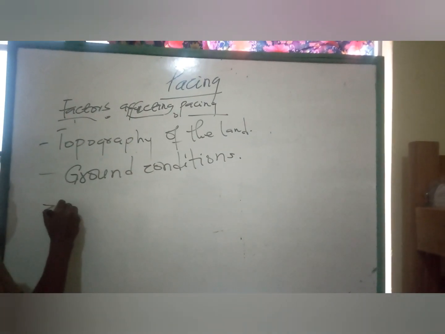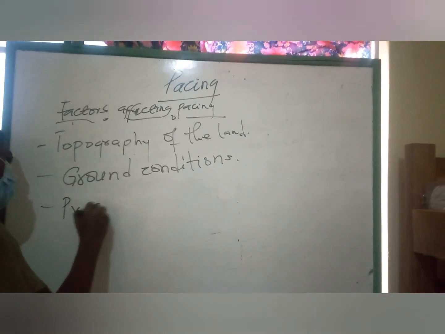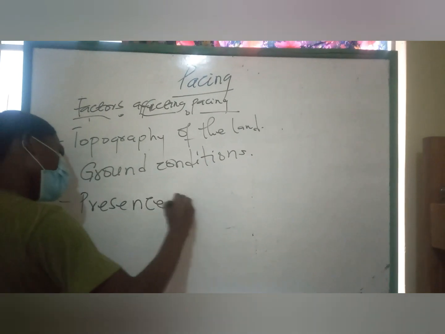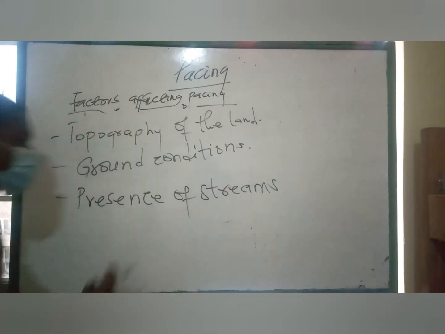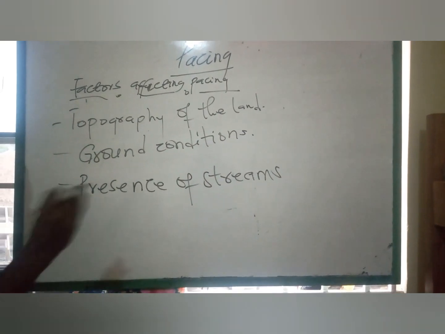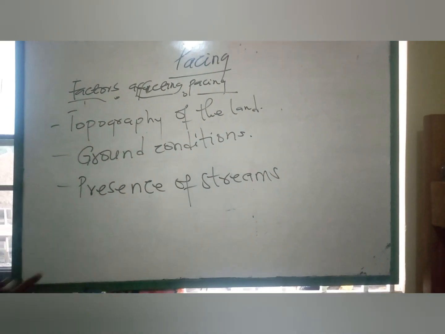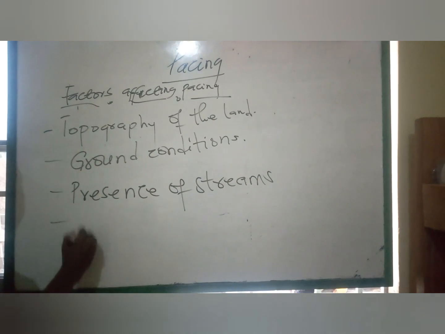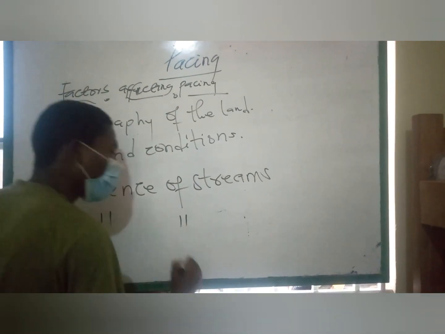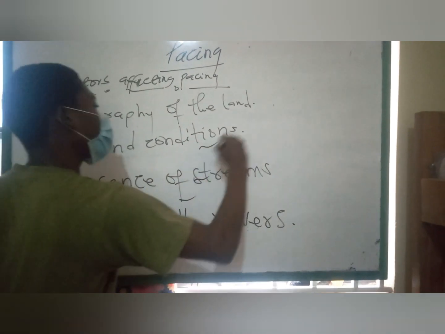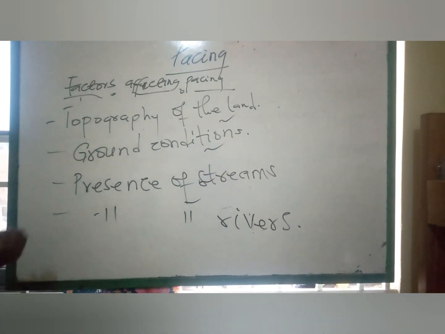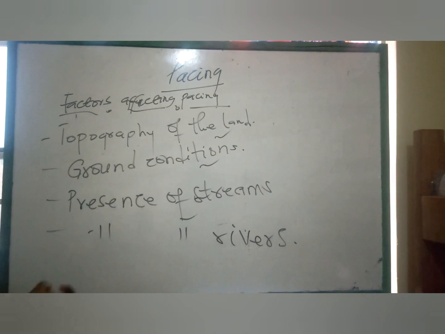It's very, very important. Presence of streams. When a stream is in front of you, you can't pace across. You have to rather jump or do something else. And again, presence of rivers. So you can just write this and you have all your marks. That's it for factors affecting pacing.